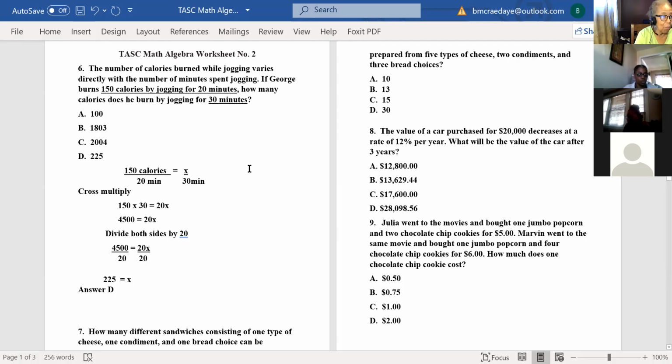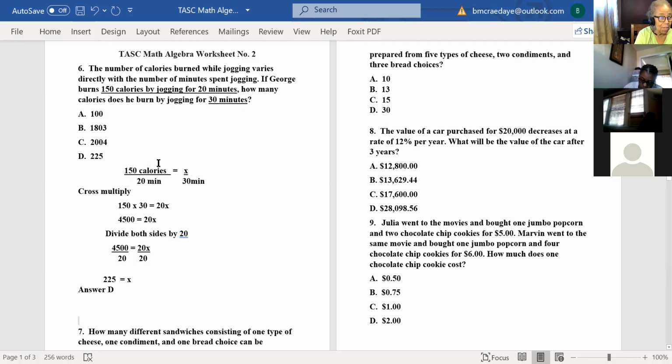But I wanted to set this up because I want to make sure you can look at a word problem and set it up as a ratio proportion, because some of them are not always so straightforward in mental math. A ratio proportion is really just a ratio equaling a ratio.